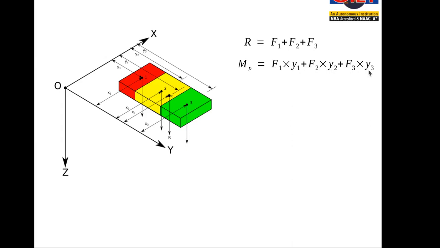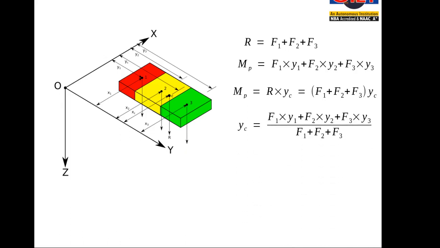Since the resultant should also have same magnitude of moment about the same point on x-axis, we can write moment as R times yc. So equating the above 2 equations, we get the center of gravity location as F1 y1 plus F2 y2 plus F3 y3 divided by F1 plus F2 plus F3.